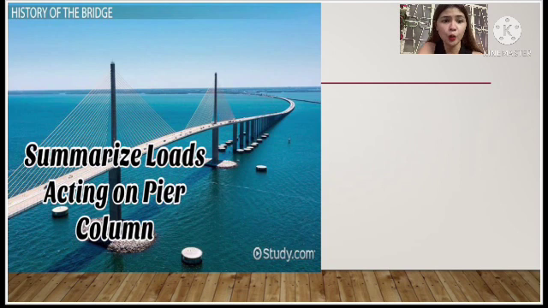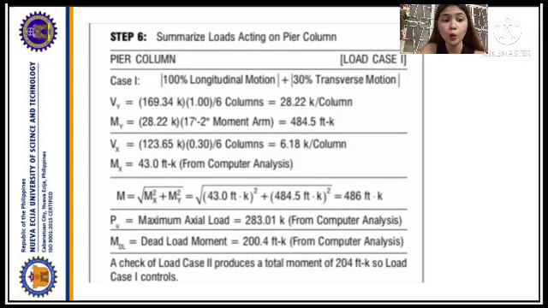Summarize loads acting on the tie column. The part of the moment acting on the column contributed by longitudinal earthquake motion is shown. The moment resulting from transverse earthquake motion and the worst case axial load on a single column were determined using a computer structural analysis software package. A check of load case 2 produces a lower value, so load case 1 controls.